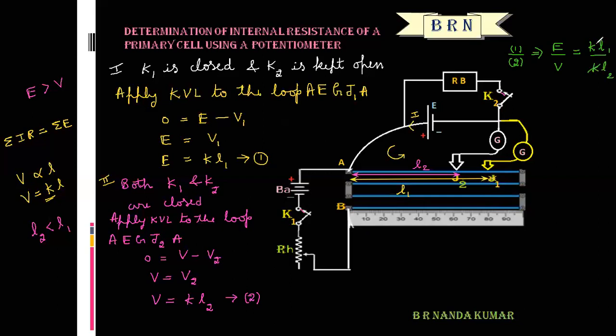So K gets cancelled, and we will get E divided by V is equal to L1 divided by L2.